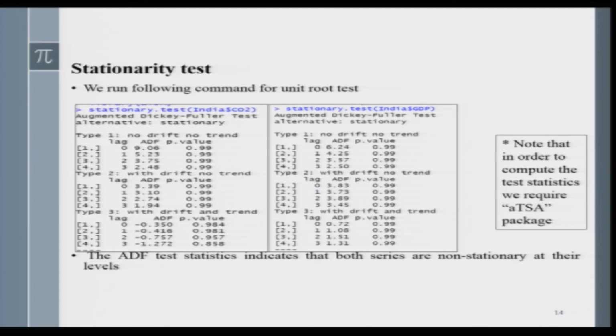You see for all cases, be it presence or absence of drift and trend, the p values are very high, almost equal to 1 for both the variables. So, what does it mean? A p value this high means that you are failing to reject the null hypothesis. And what is the null hypothesis for the augmented Dickey-Fuller test? Do you remember?